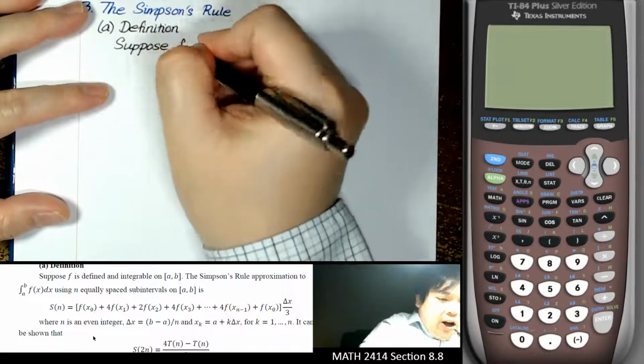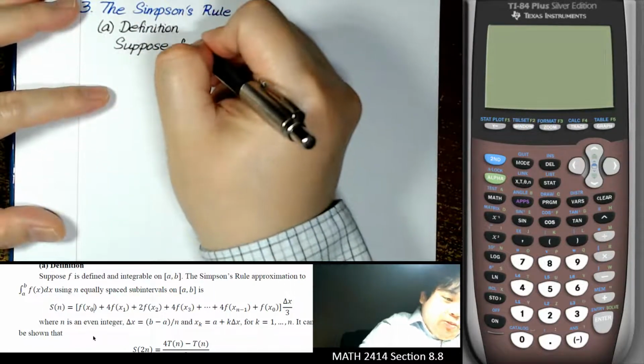Suppose the function is defined. I'm just going to write it out first, and then we'll explain later.